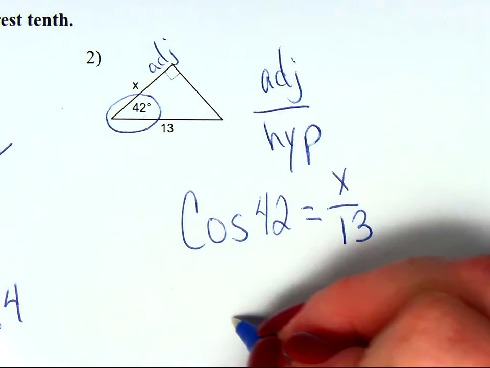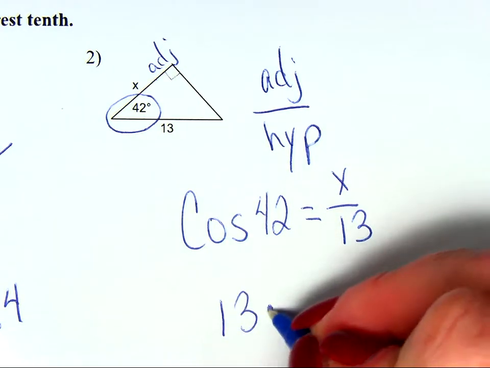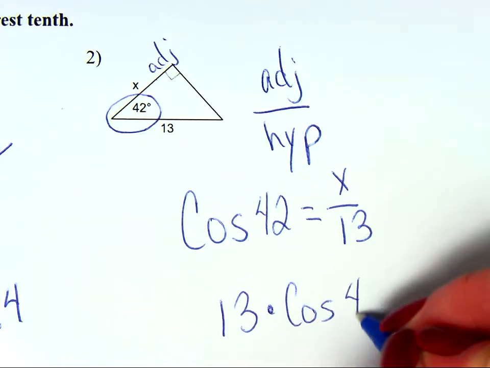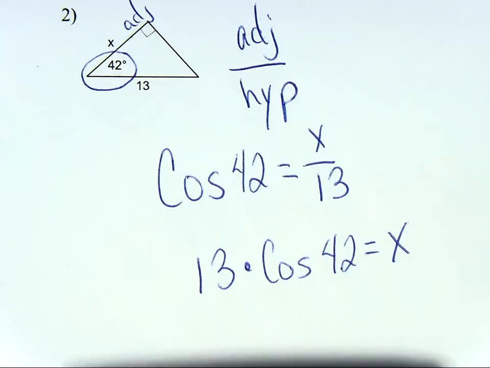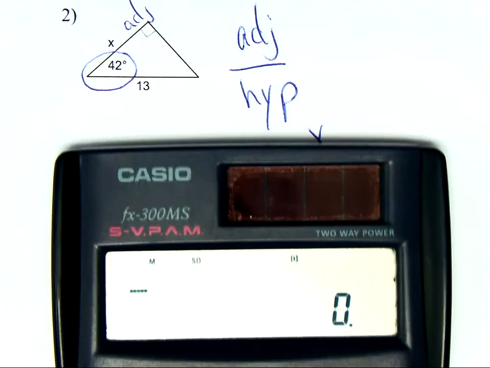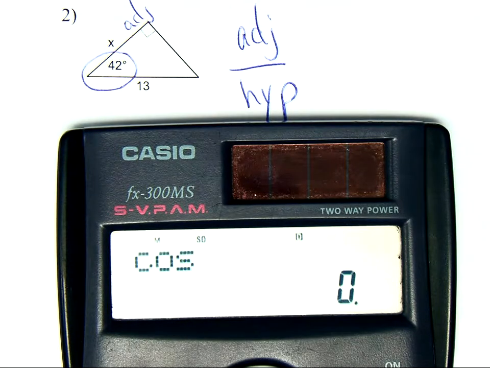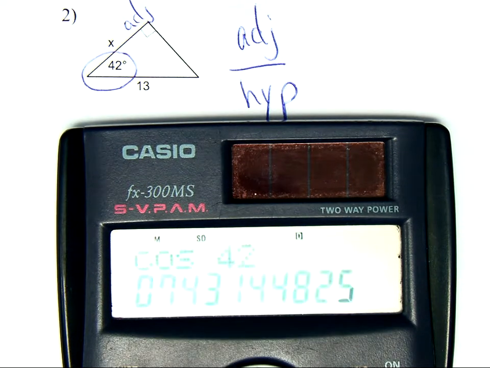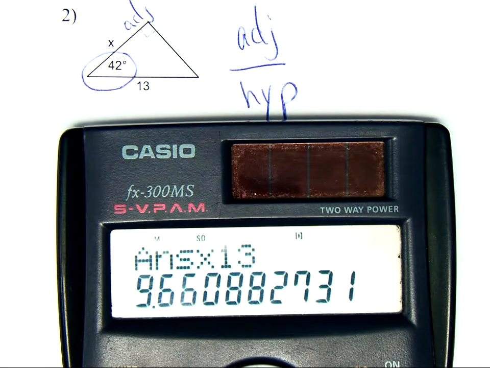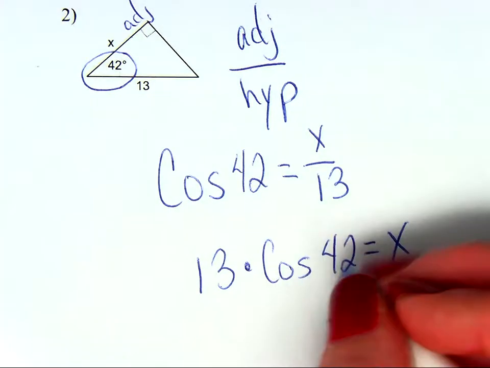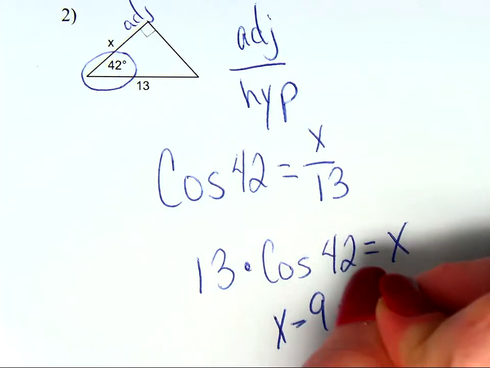In order to solve this, I rewrite it as 13 times the cosine of 42 is equal to X. Again, I type it into my calculator. The cosine of 42 times 13, my answer is 9.66, etc. So it rounds to X is equal to 9.7.